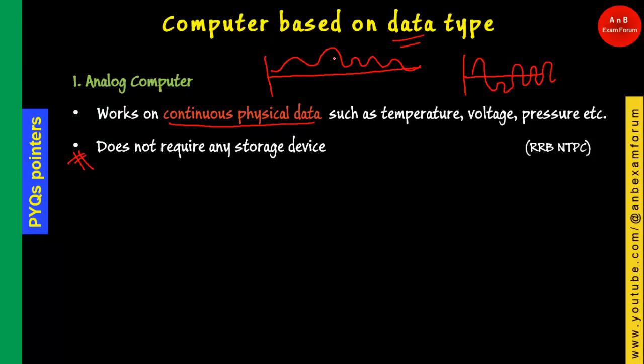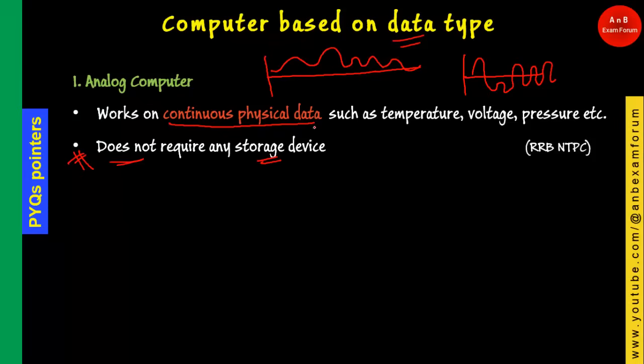That will come as a part of hybrid computer, that we are going to discuss afterwards. But for analog computer, just remember it does not require any storage device, and this pointer was asked in RRB and TPC. I repeat once again, analog computer is one that takes data as a continuous physical data.